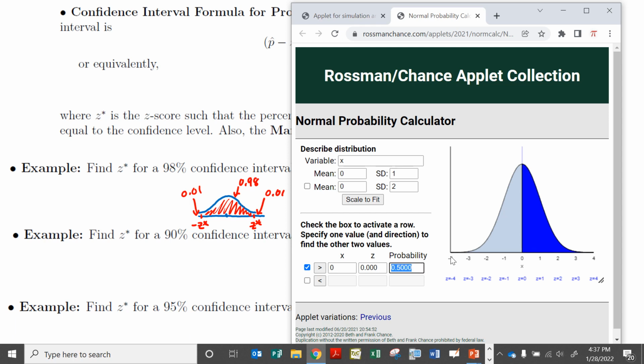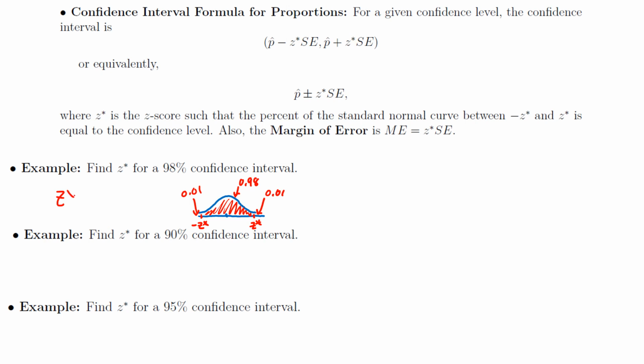I'm going to type in 0.01 for the probability, and it tells me 2.326. So in this instance, if on that example we just did, it had wanted me to be 98% confident instead of 95% confident, instead of multiplying by 2, I would have multiplied my standard error by 2.326.